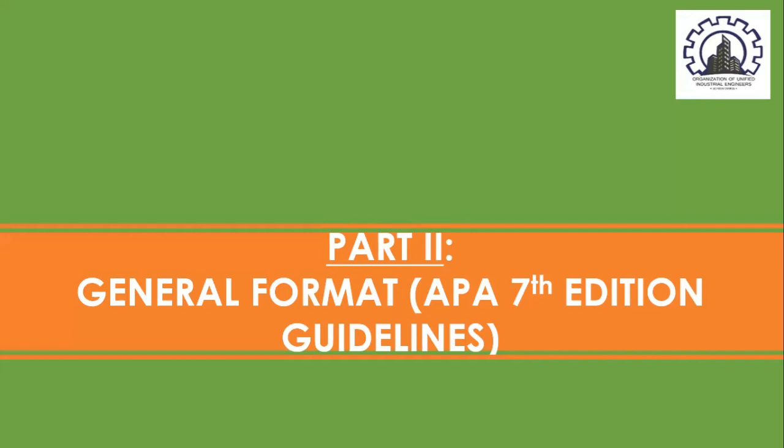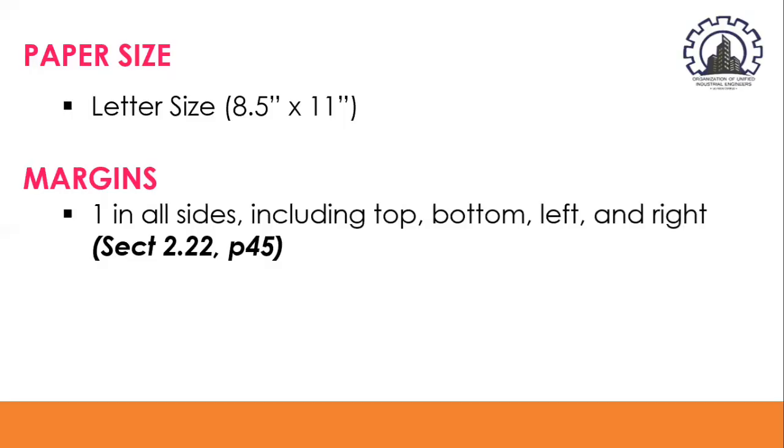So in this case, since our school is adopting the APA format, we will be strictly abiding by the guidelines under APA 7th edition. And the guidelines under APA 7th edition for a general format include the paper size, which should be letter size, meaning it should be a short bond paper, okay?